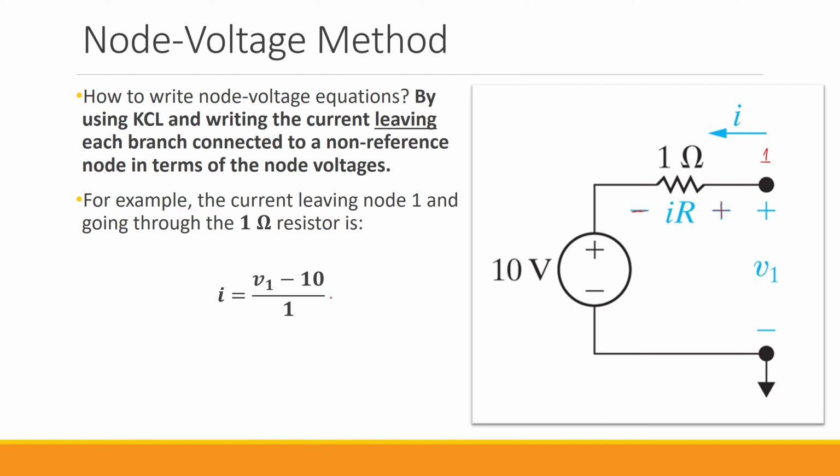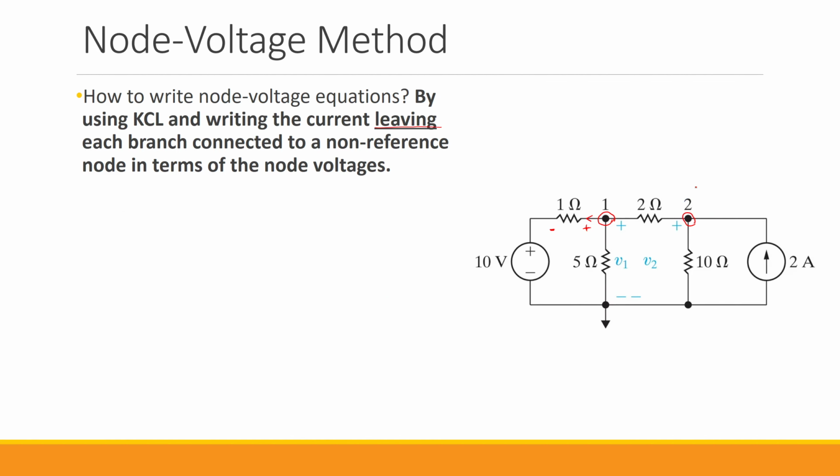So this is the current that goes through the 1 ohm resistor. And based on the relationship that we put, actually the current goes from the right side to the left side. So this is for this one.